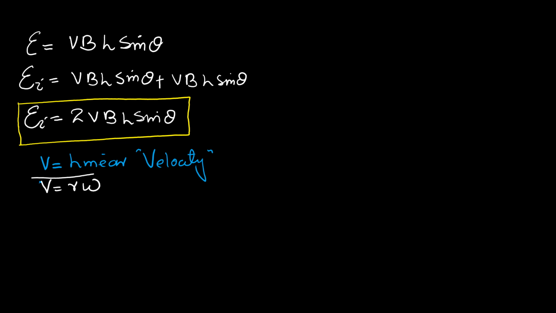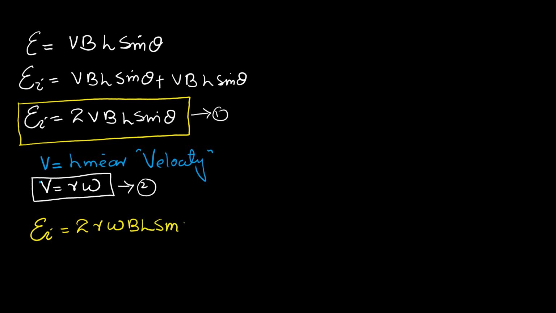Suppose this is equation number 1, and this is equation number 2. We will incorporate equation 2 in equation 1. So we get net induced EMF equal to 2 R omega BL sine of theta.